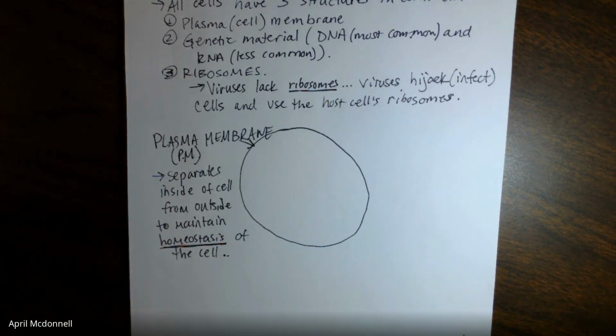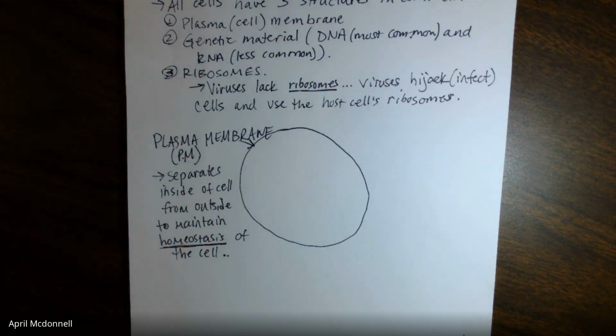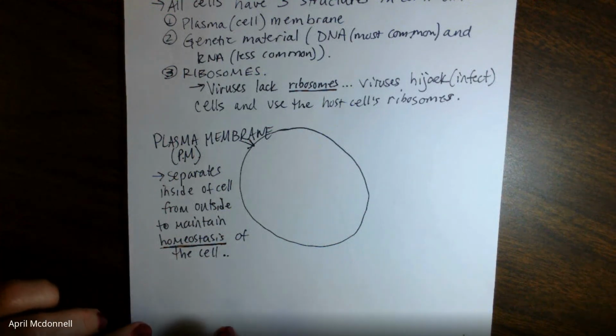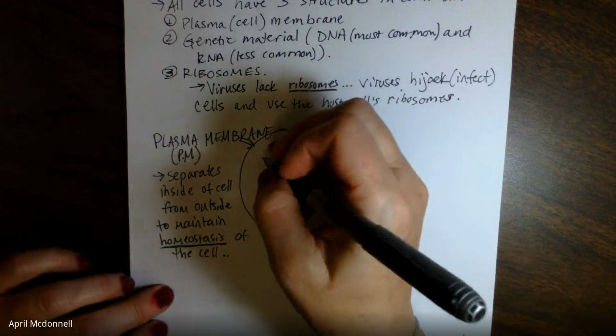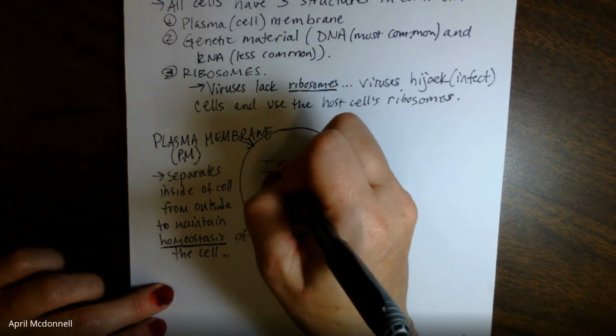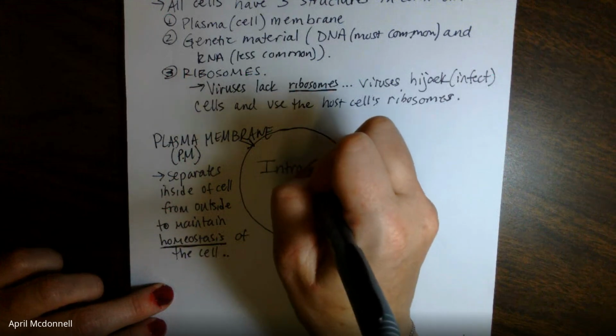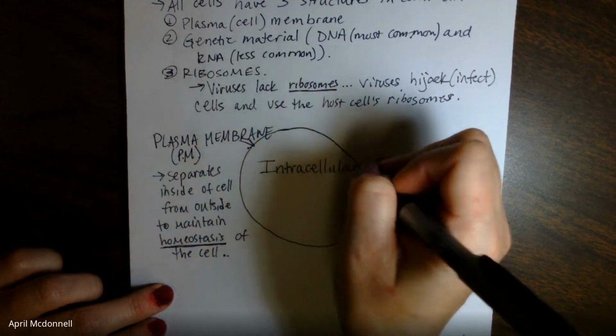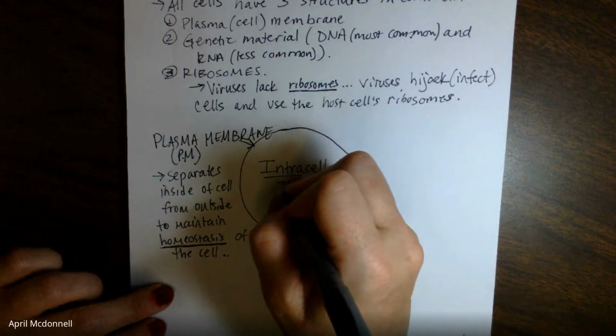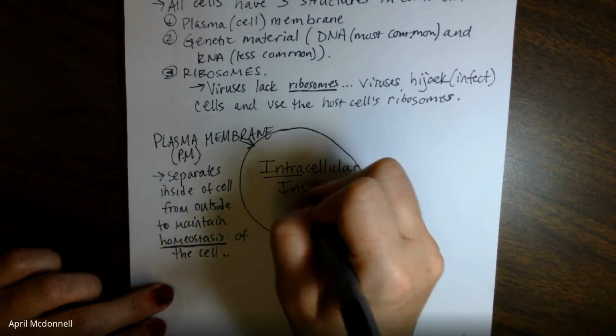Homeostasis is a term that was introduced in Chapter 1. Homeostasis refers to maintaining stability within the cell to keep the cell alive. The inside of the cell is what we call intracellular. That term intra means inside.